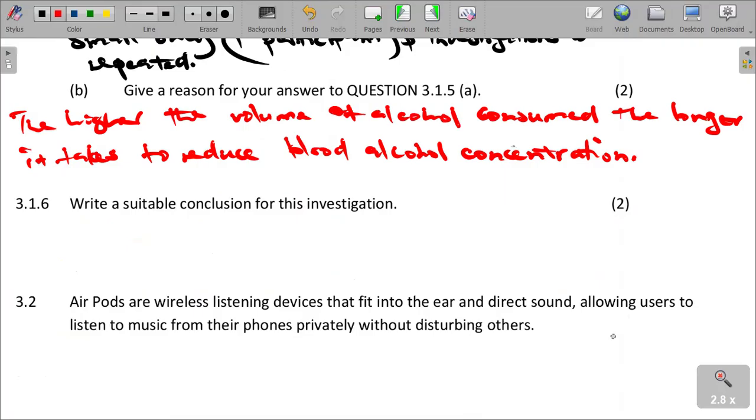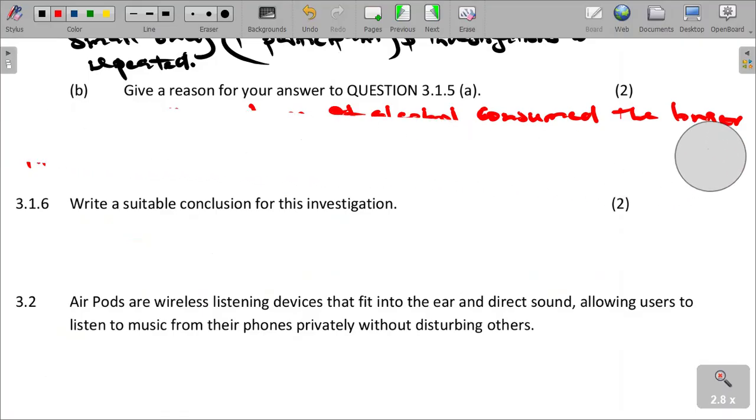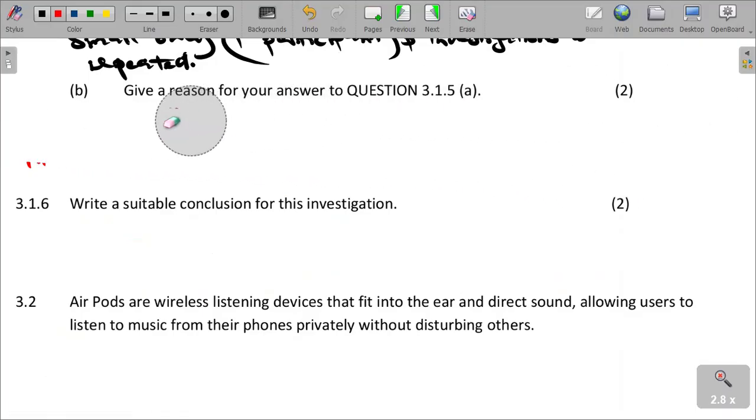And then we can say a suitable conclusion for this one. A suitable conclusion is what we have already mentioned, that the higher the alcohol concentration, the longer it takes.